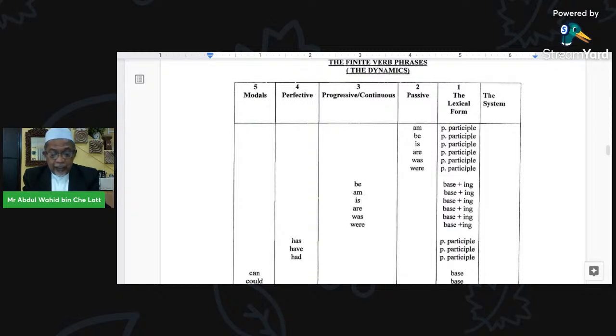Di shows that the sentence is in the passive form. So can you write number 2 on top of the word di? Makan is the lexis. So you write number 1 on top of the word makan.